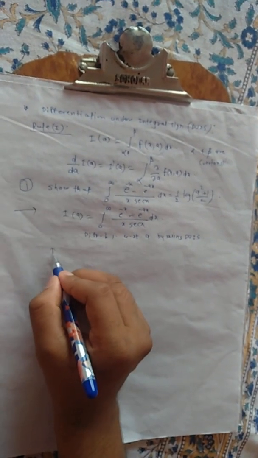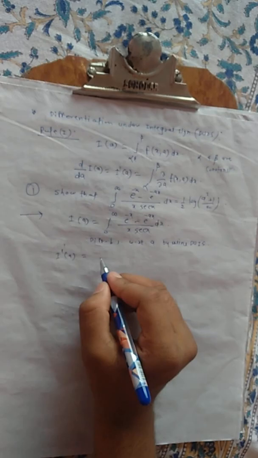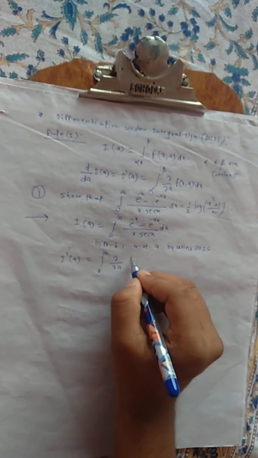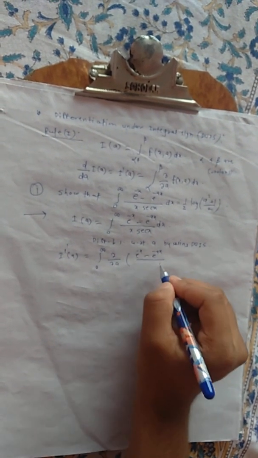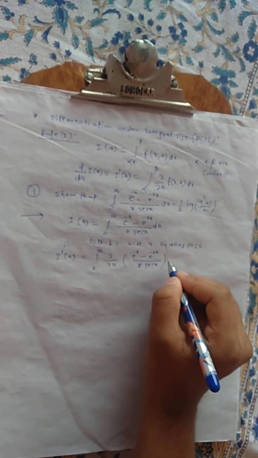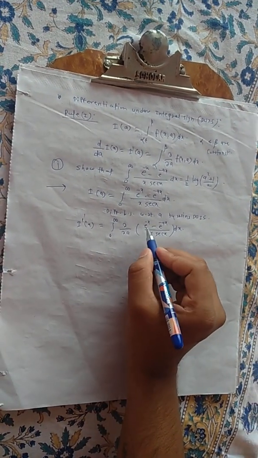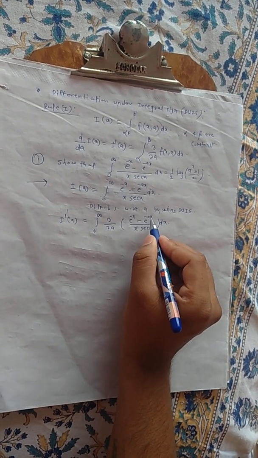So the differentiation of this is I dash a, which is equal to the integration from 0 to infinity of the partial differentiation with respect to a of (e raised to minus x minus e raised to minus ax) upon x sec x dx. Differentiating with respect to a, the first quantity is a constant.